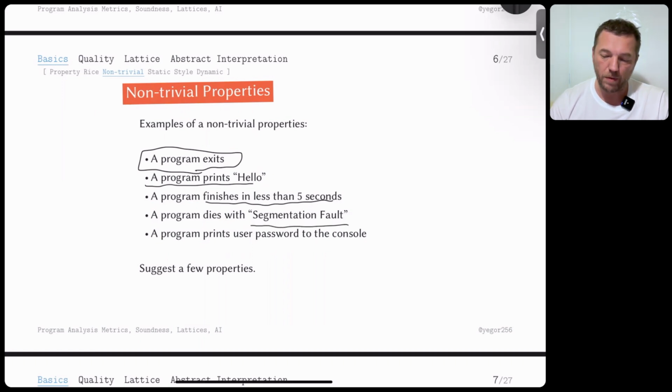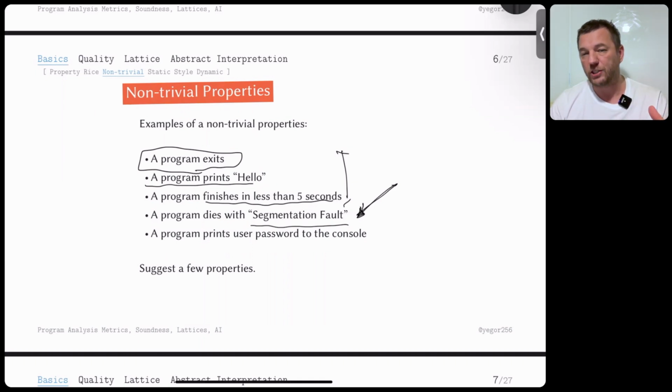This is one we may be particularly interested in for static analysis, because it's very practical. The previous three are mostly for fun, but this one is really practical. We want to know whether the program will fail with a segmentation fault. It's an abnormal termination.